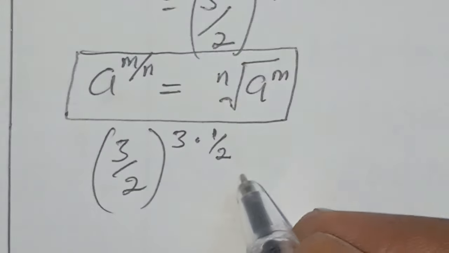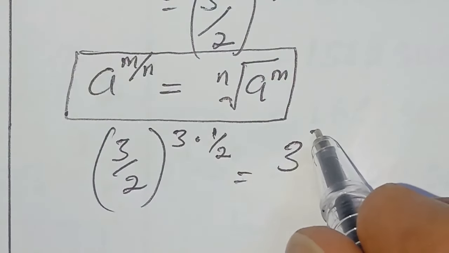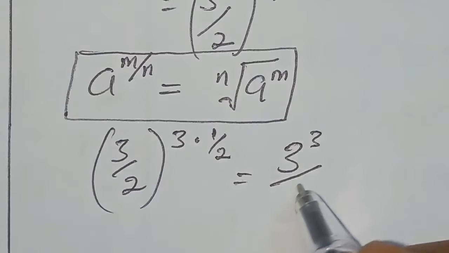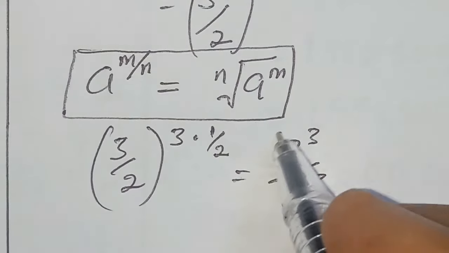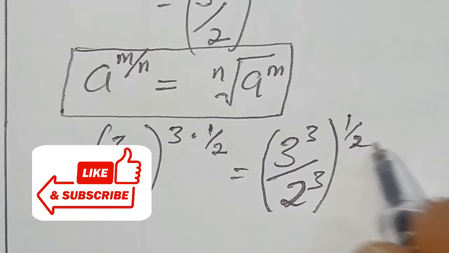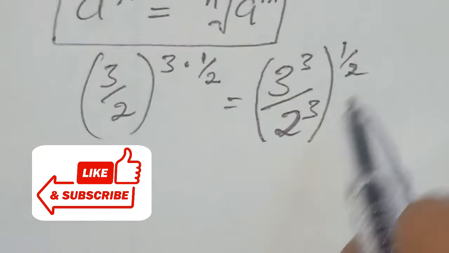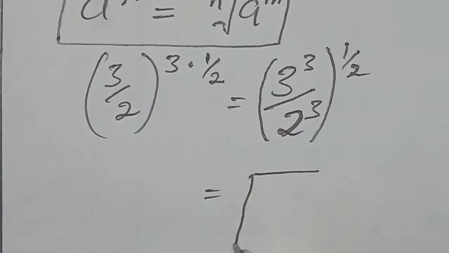Then we can put the next step as 3 to the power of 3 over 2 to the power of 3, all in brackets, then to the power of half. This half can be written as a square root.